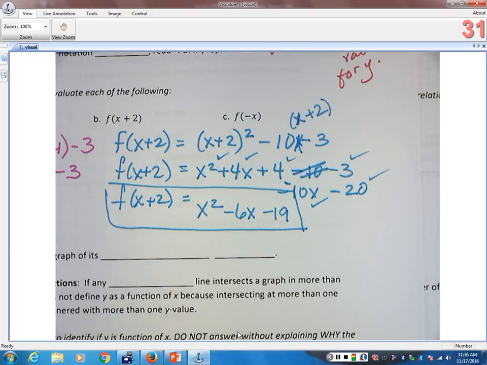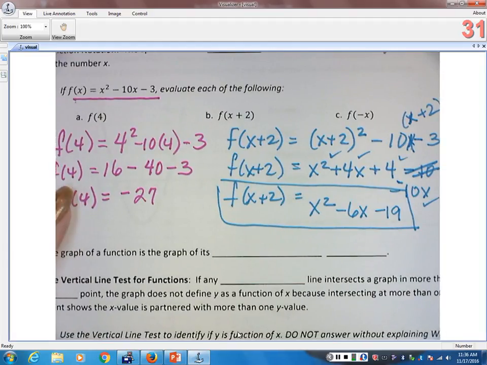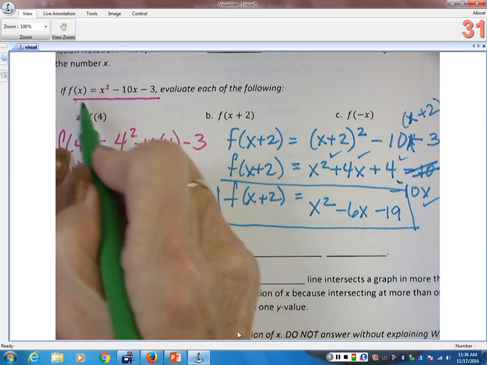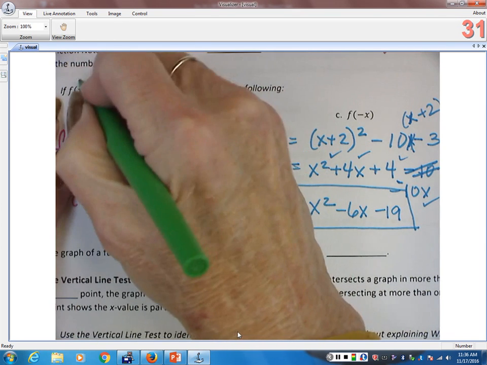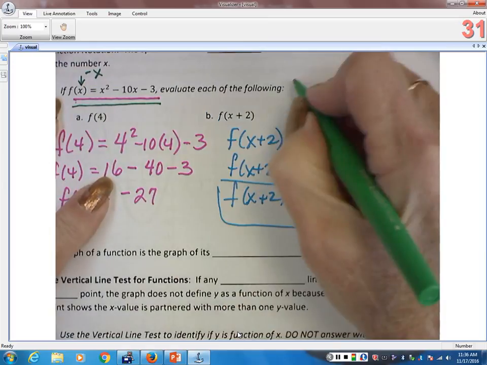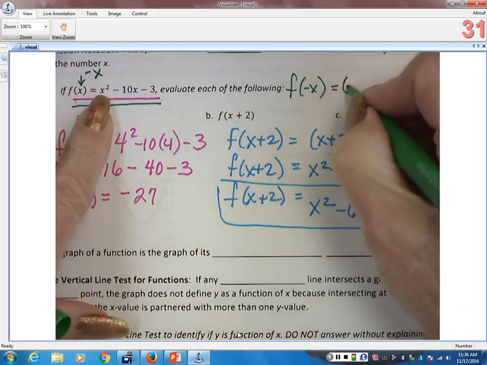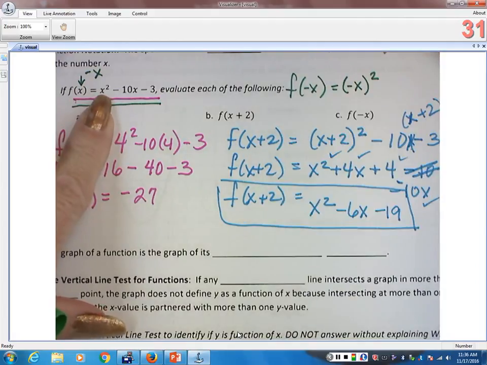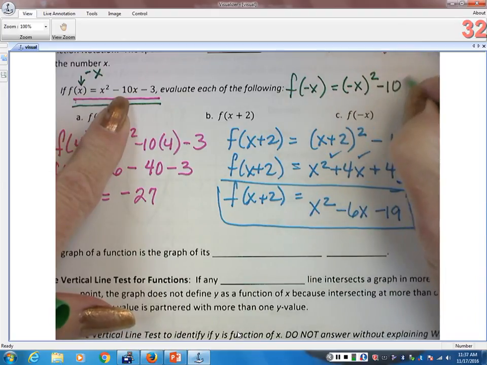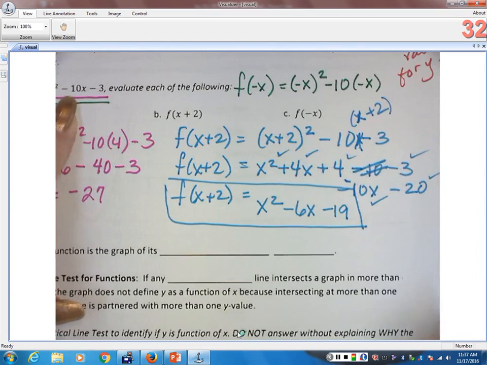The third one is f of negative x, which means exactly the same thing. Once again, we have x squared minus 10x minus 3, and we're going to substitute in negative x. So f of negative x is going to be negative x squared, and yes, you have to have parentheses, minus 10 times negative x, minus 3.